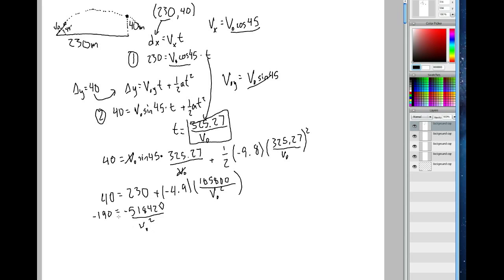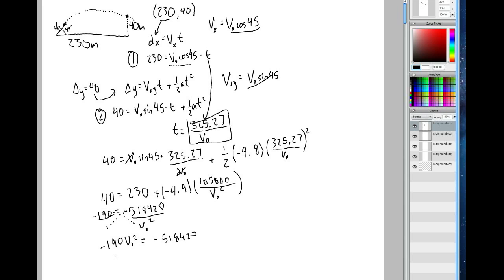So I've got the V naught on the bottom. What I can do is cross multiply, because 190 is really over 1. So that becomes negative 190 V naught squared equals negative 518,420. So divide both sides by negative 190.